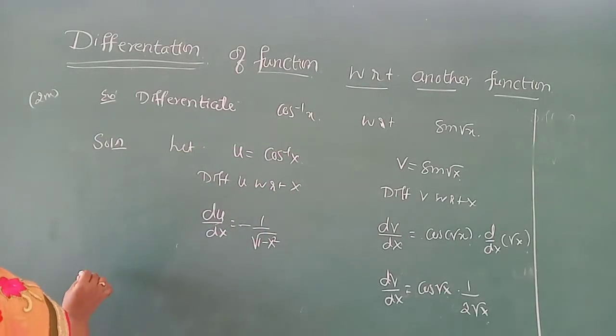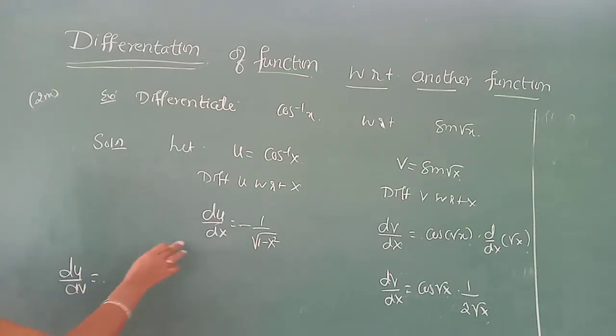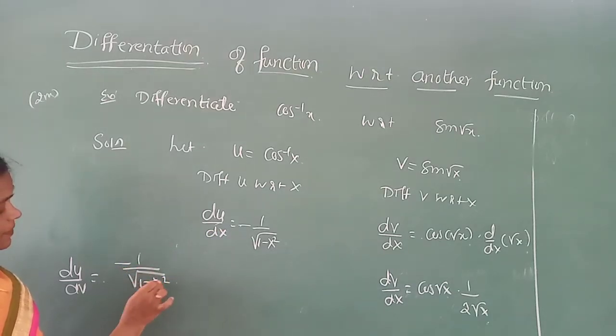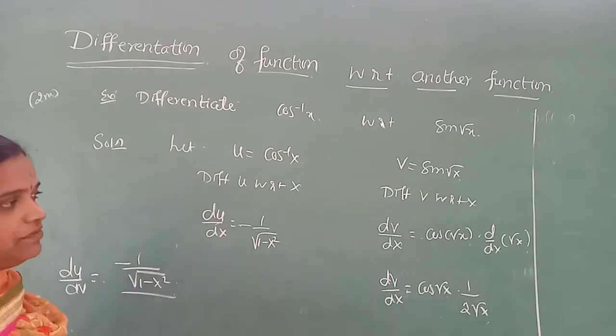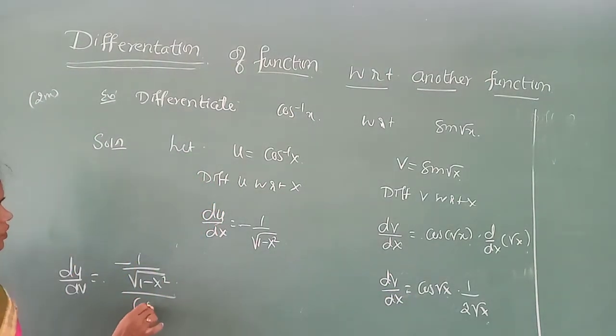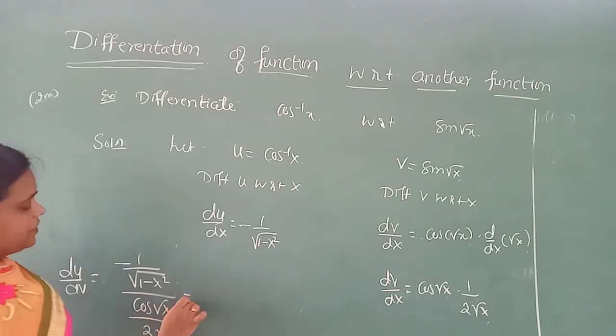Next, du by dv means du by dx, which is minus 1 by root of 1 minus x square, and dv by dx of the second function, which is cos root x divided by root x. Simplify it.